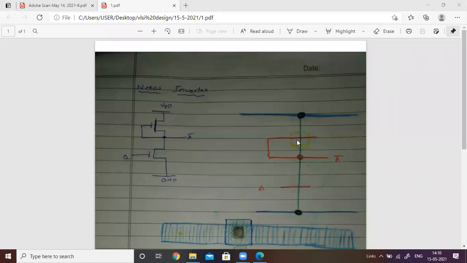Once you know the stick diagram of the inverter, it is very easy to draw the layout diagram. To draw the layout, what is the first step? First is the schematic, then the stick diagram, and then the layout diagram. You can follow this method. In the schematic, this is the pull-up transistor and this is the pull-down transistor, and the gate of the pull-up transistor is shorted to its source.